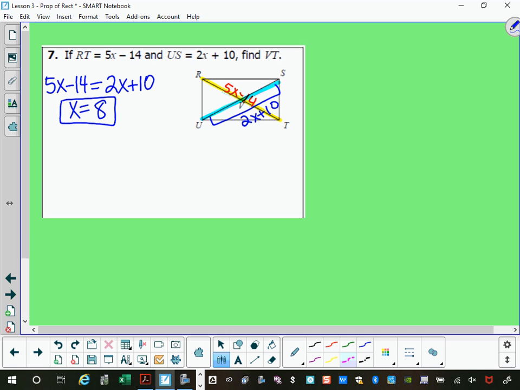Okay, they're asking us to find BT. Okay, so let's take this whole side of RT and just cut it in half because we know that each piece has to be the same amount. So we're going to take RT, which is 5 times 8 minus 14, which gives me what? 26. All right. So this whole yellow line is 26.